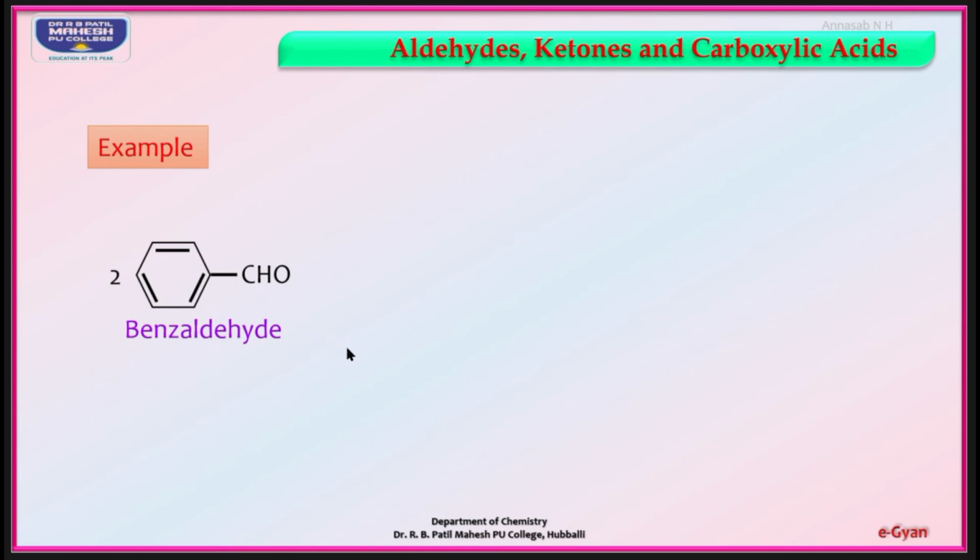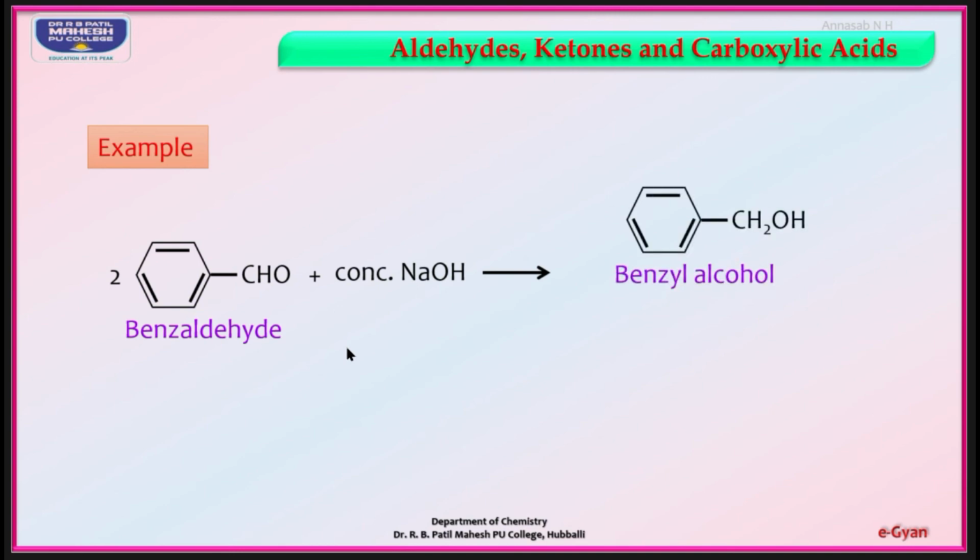All 4 valencies are satisfied. When benzaldehyde reacts with concentrated NaOH, it gives rise to the products benzyl alcohol and the salt of benzoic acid, that is sodium benzoate. This is a commonly asked reaction in your board exam.